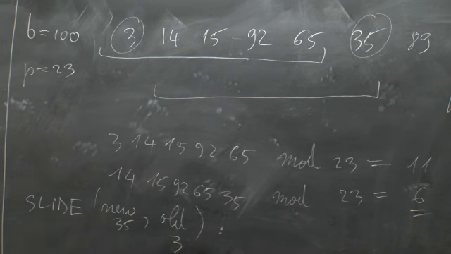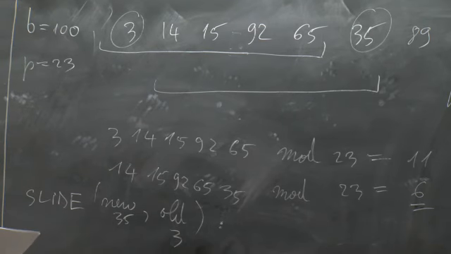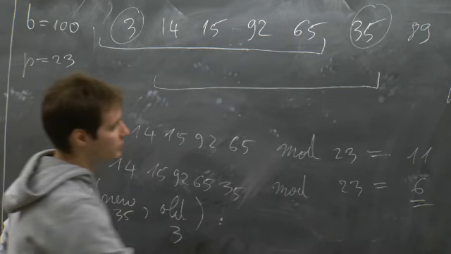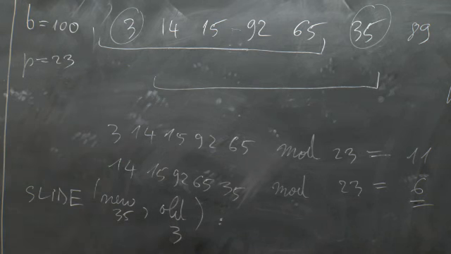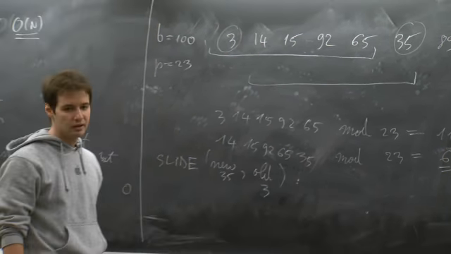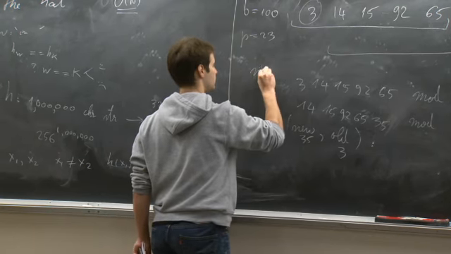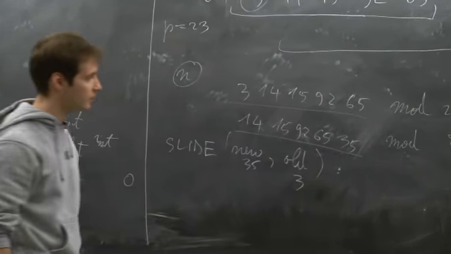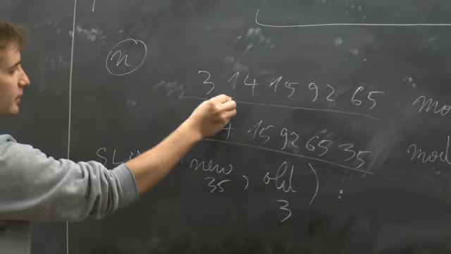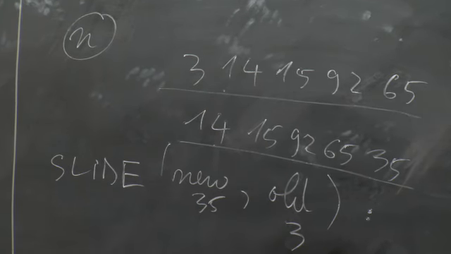Excellent. And I want to have an internal state called hash that has 11, and I want to get 6 after I'm done running slide. This is still too hard for me. So before we figure out hash, let's say that we have an internal state called n, and n is this big number here. So I want to get from this big number to this big number. What am I going to do?